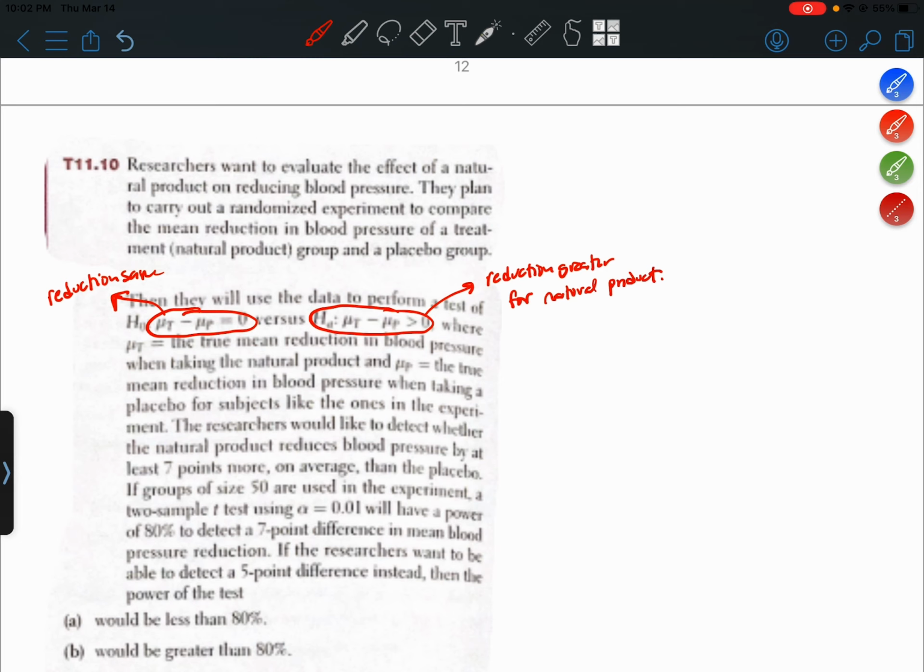The researchers would like to detect whether the natural product reduces blood pressure by at least 7 points more on average than the placebo.